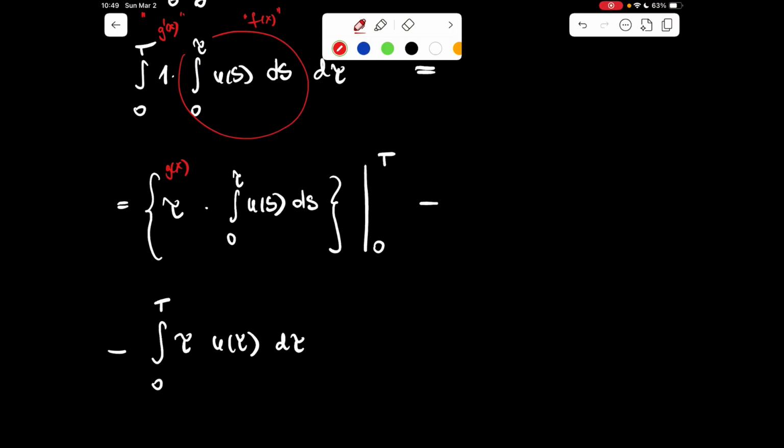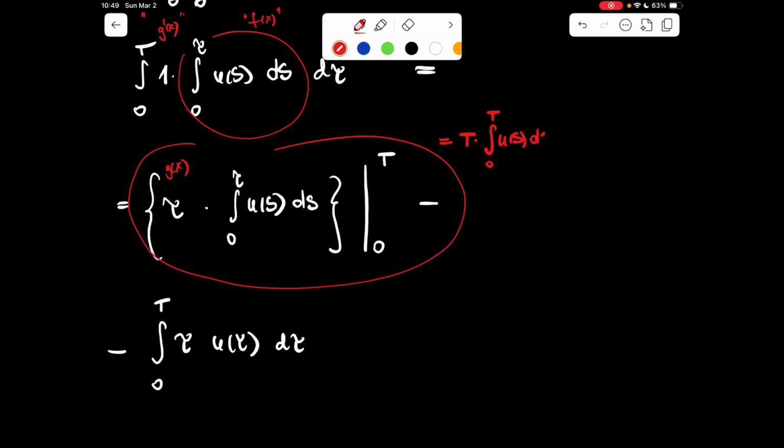Note that this part is t times this integral, okay, this is 0, and it is minus t because, as we have just seen, this is minus 1.